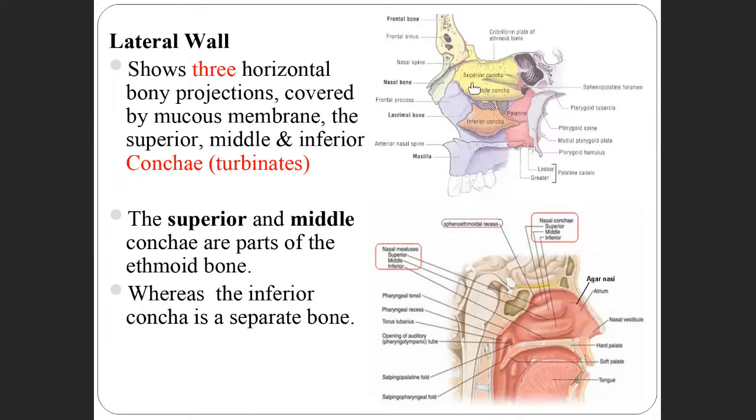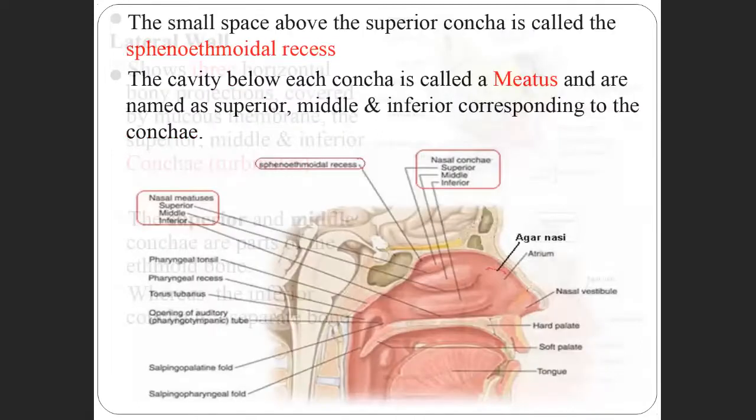See here, superior and middle, they are part of the ethmoid bone. Whereas the lower one, you can see the color of this, orange color, is a separate bone.